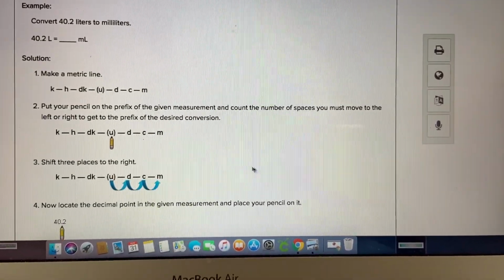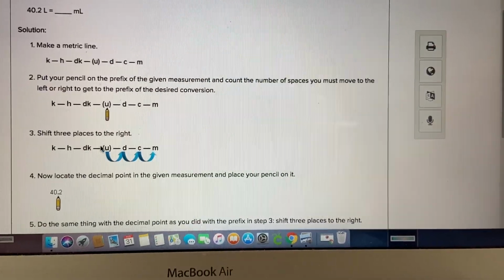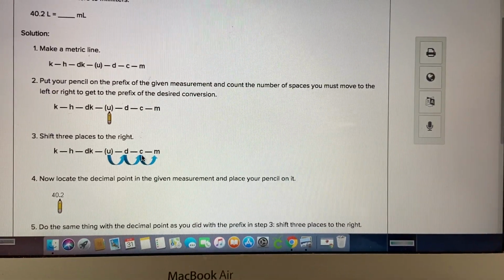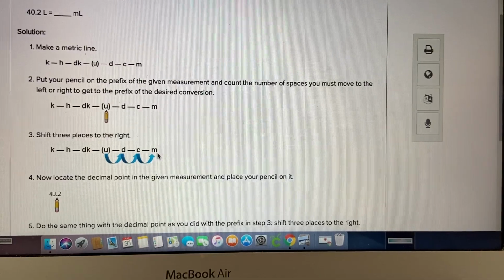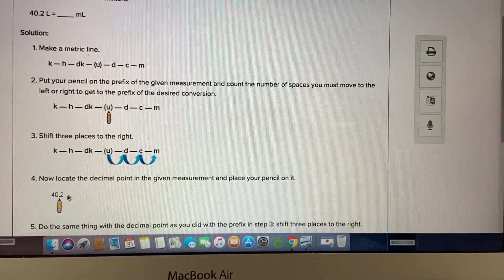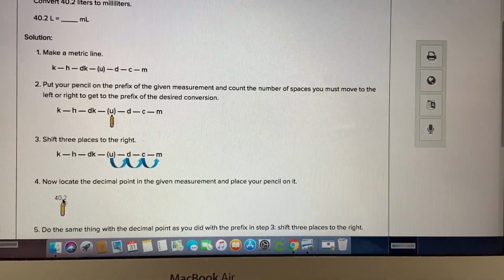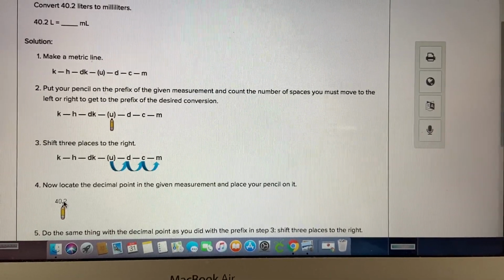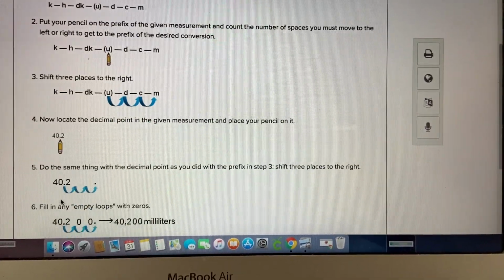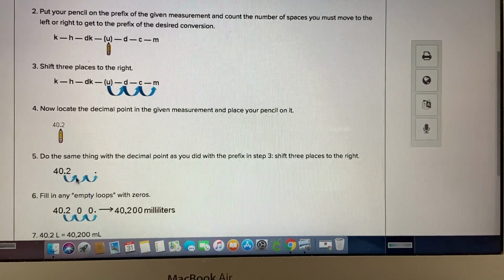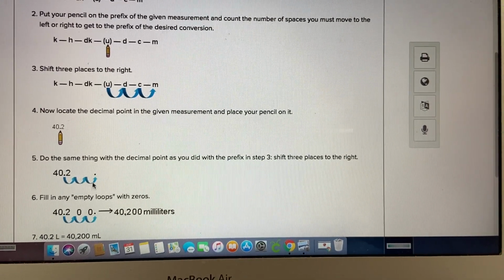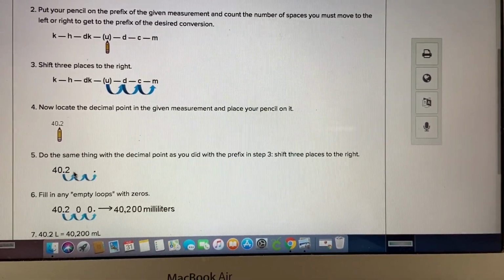So we gotta shift 3 places. 1, 2, 3. 3 places to the right. This is where we started, 40.2. This is where our decimal point is now. So we just take that decimal point and we move it over 3 spaces. 1, 2, 3. And now we have these holes right here.